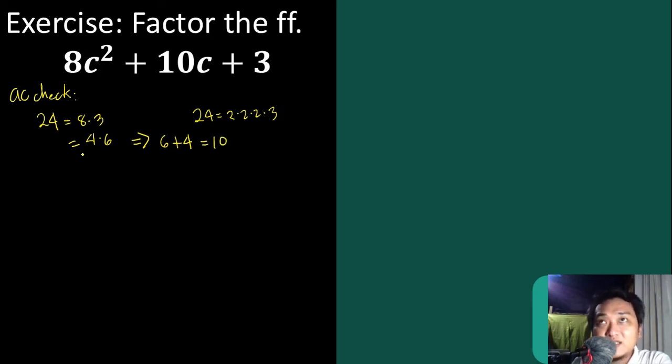Hindi na natin kailangan si 2 times 12, 1 times 24. Hindi na natin sila kailangan yung mga factors na yun. Stick na lang tayo kay 4 times 6. Now, meron na tayong numbers na gagamitin natin for the expanded form of 10c. Pwede na tayong mag-proceed into AC method.